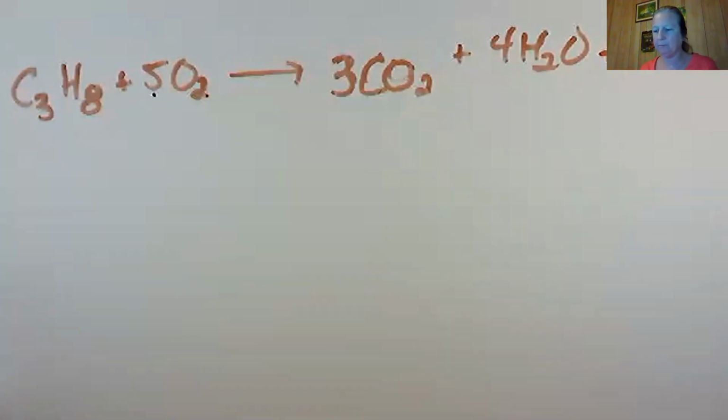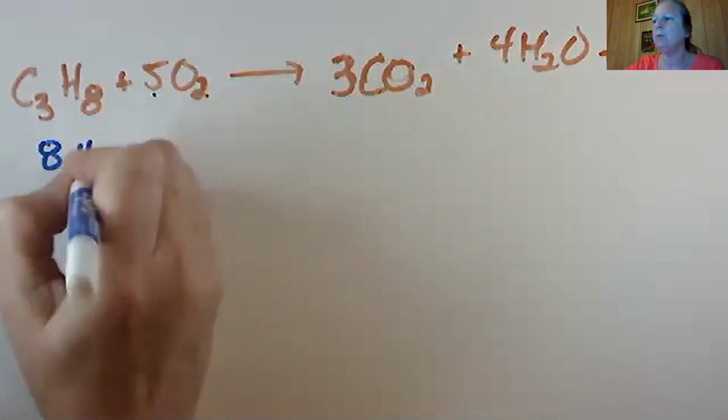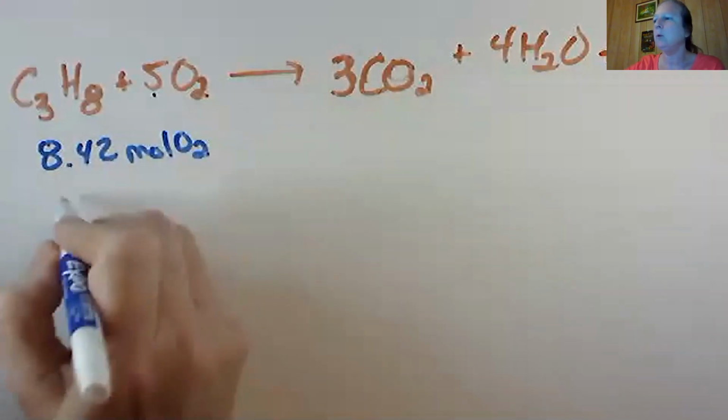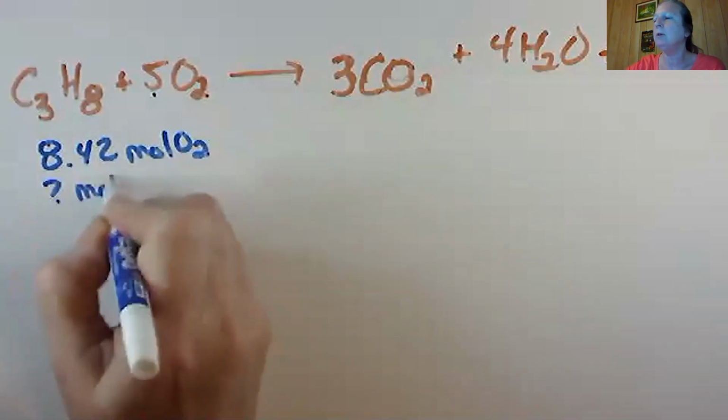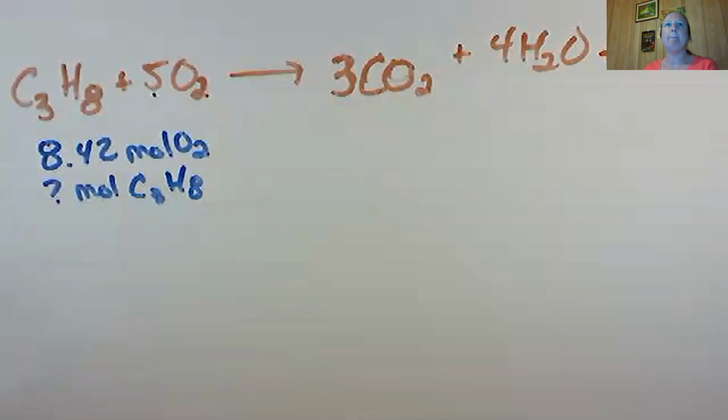Okay. So this time it says, what are we given? And write down what you're given and write down what you're looking for. They're very important focal points, especially as we get more and more detailed. So it says we have 8.42 moles of oxygen. And the question is moles of propane. All right.